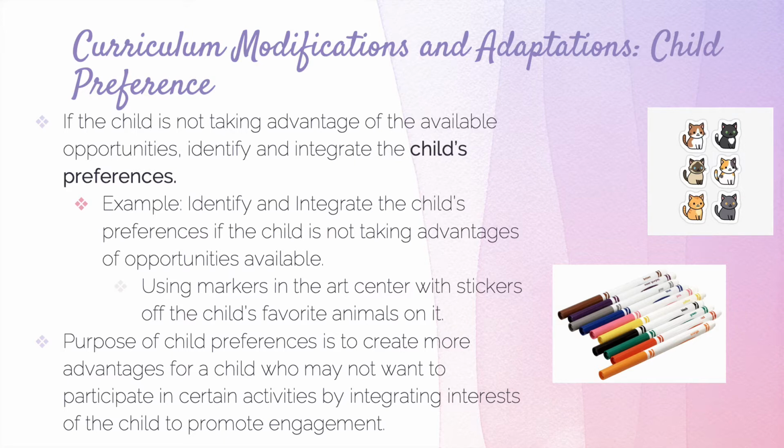So the purpose of child preference is to be able to promote children engaging in activities by having as many opportunities as possible, and also making sure to create more advantages for children who may not want to participate in certain activities by integrating in their own interests.